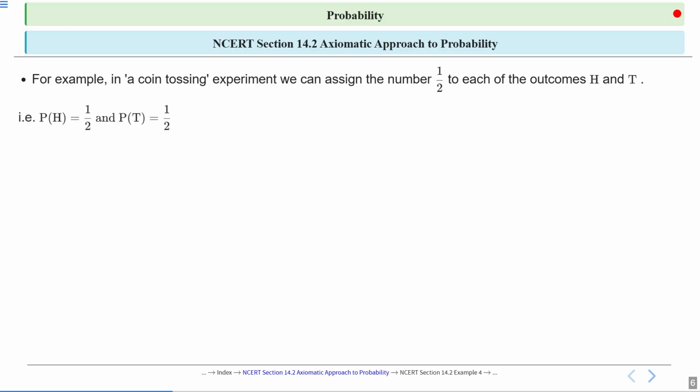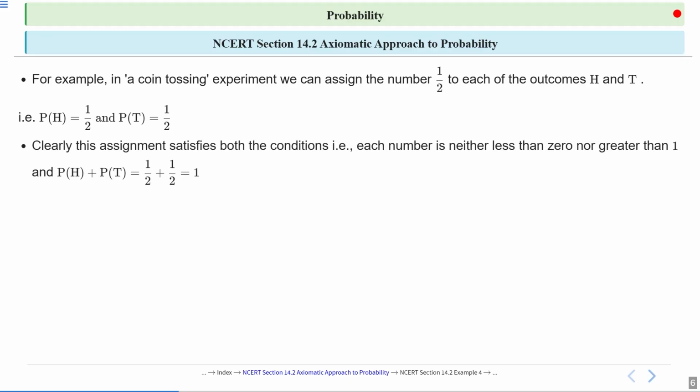So what is the probability of getting head? We assign 1 by 2 to each of the outcomes H and T, so P of H equal to 1 by 2 and P of T equal to 1 by 2. Are you getting the point? Clearly, this assignment satisfies both the conditions.